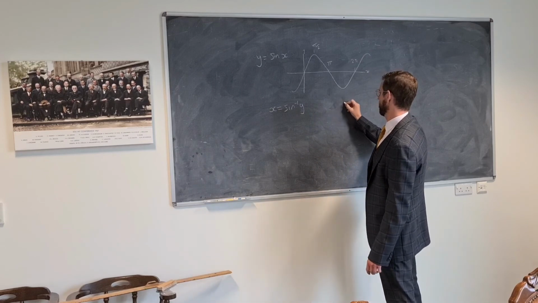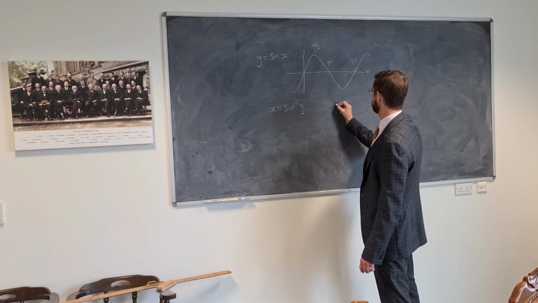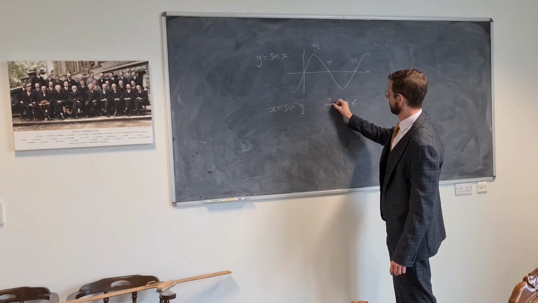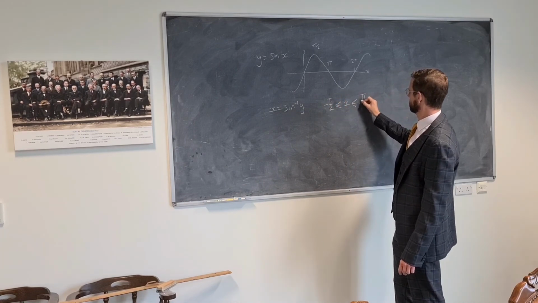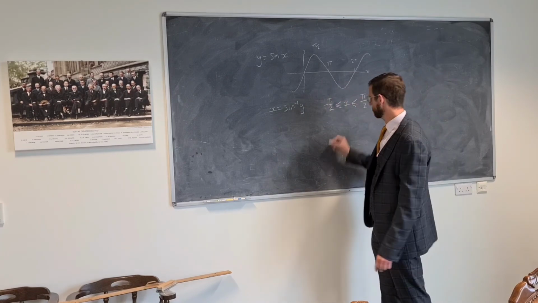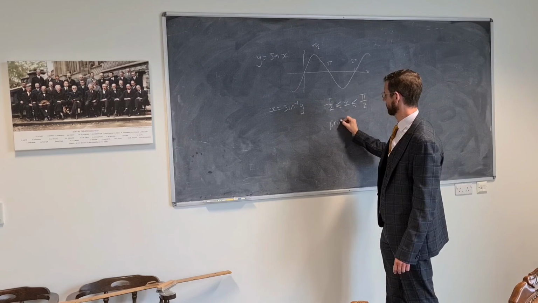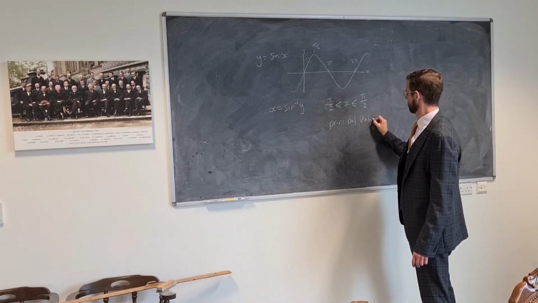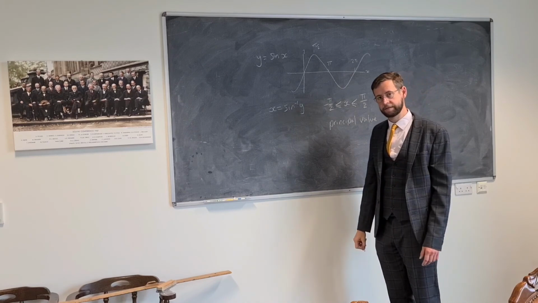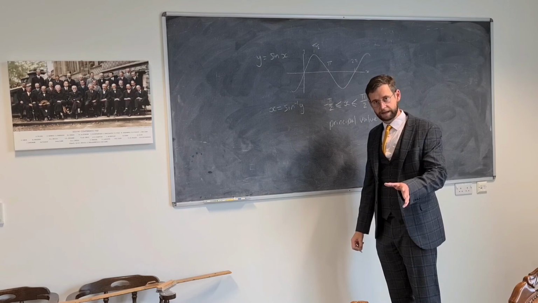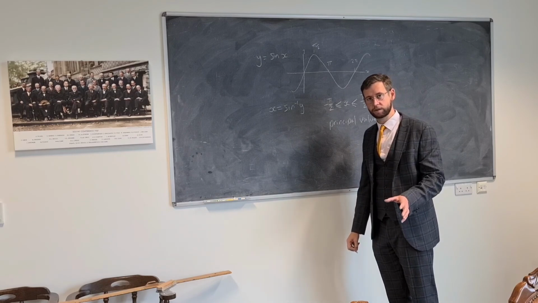So x would fall very much in the range of minus pi over 2 and positive pi over 2, the first occurrence of that. And this is called the principal value of this inverse function.